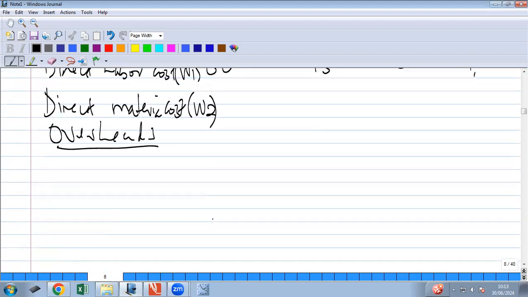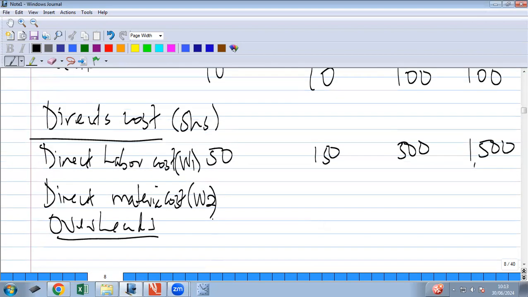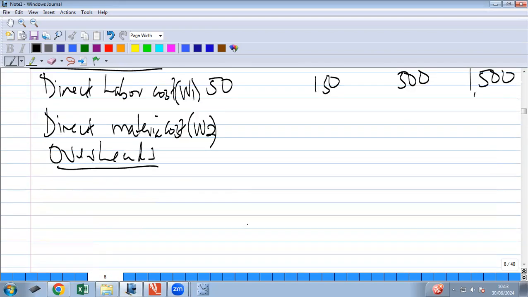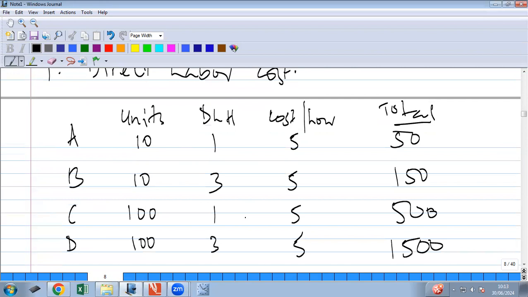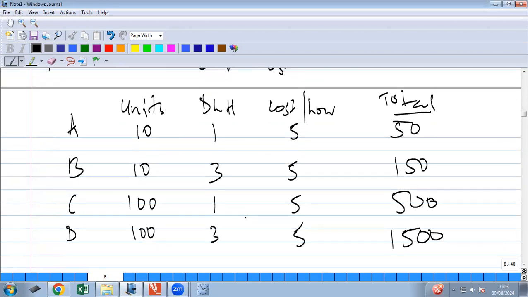Let's move to direct materials. We have multiplied here. Just be keen. We have multiplied these direct labor hours with the units, right?